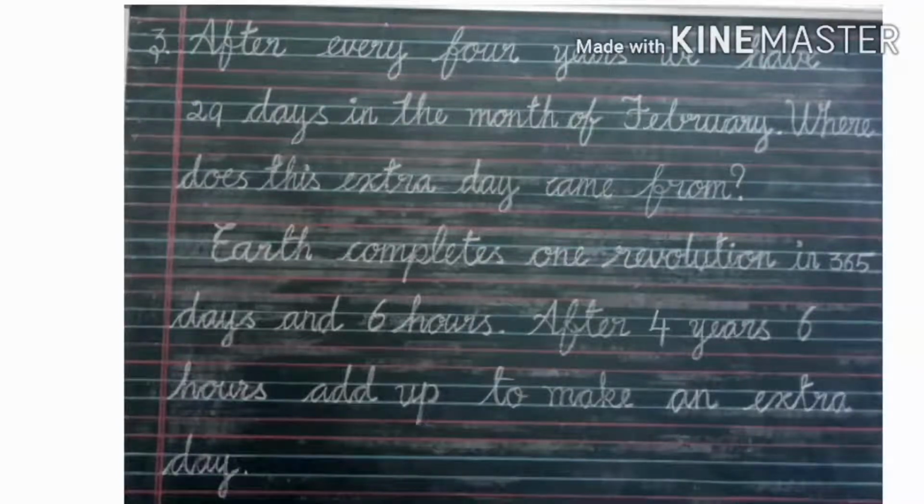So third question is, after every 4 years we have 29 days in the month of February.